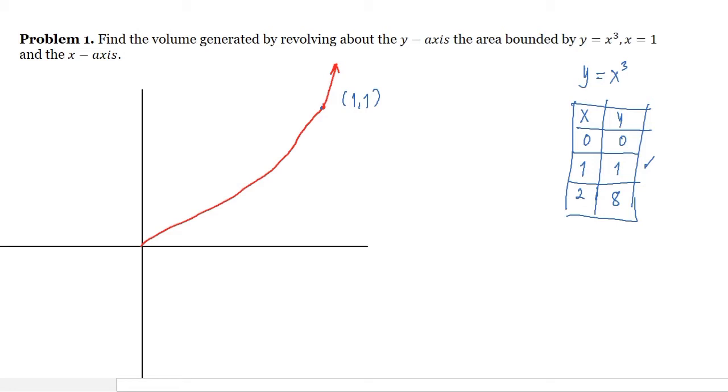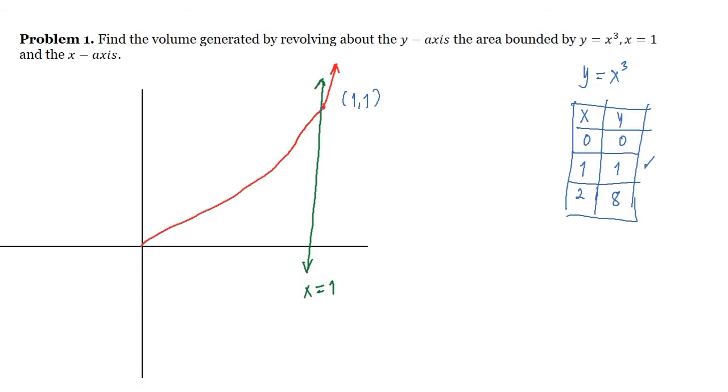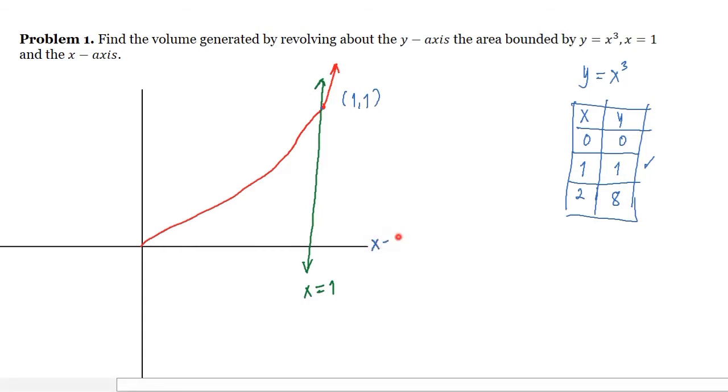Okay, so it is bounded by the line x is equal to 1. So, ito yung line natin, x is equal to 1. And of course, bounded din daw siya nitong ating x-axis.